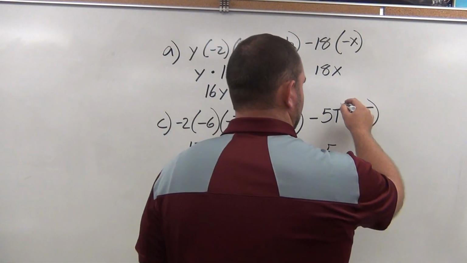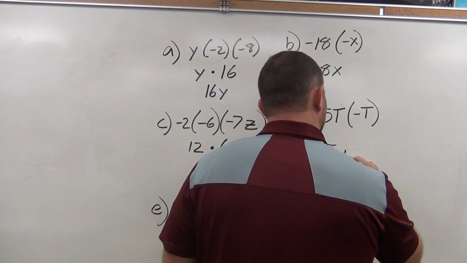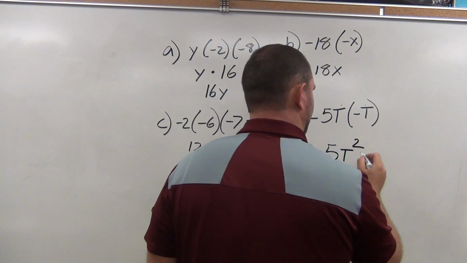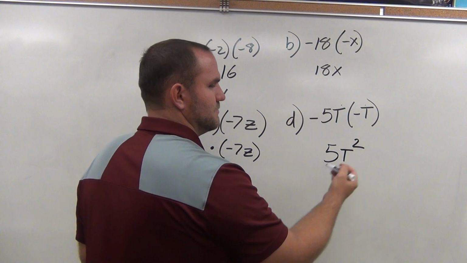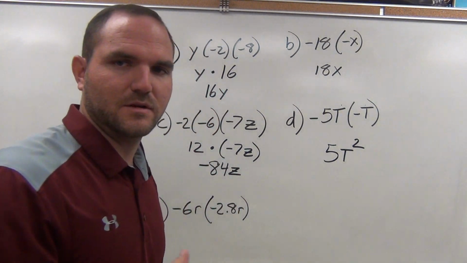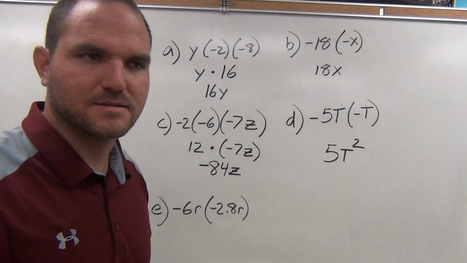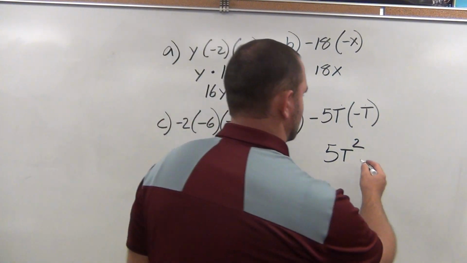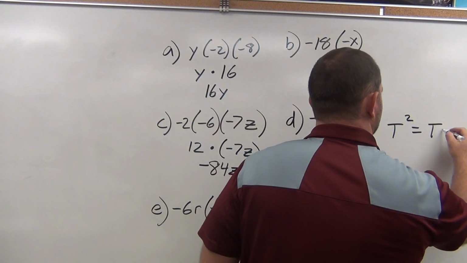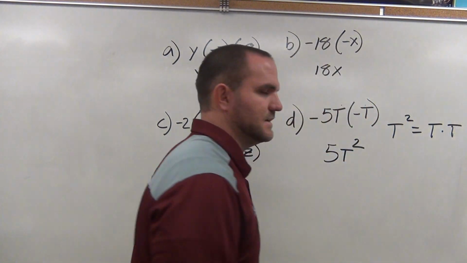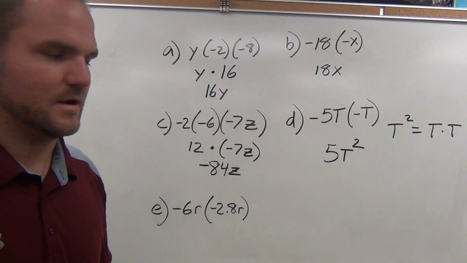So when you have a t times a t, they'll actually write it like this. So t squared is the same thing as saying t times t, like that. Okay?